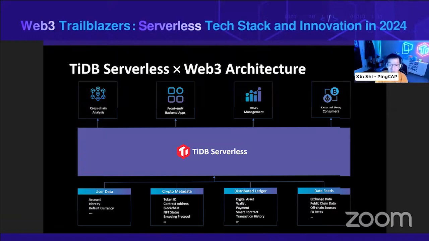So in summary, the move to TiDB Serverless in a Web3 context significantly simplifies your architecture. It allows you to focus on your business, increases efficiency, and potentially lowers the cost due to the reduced need for manual database scaling and replication management.